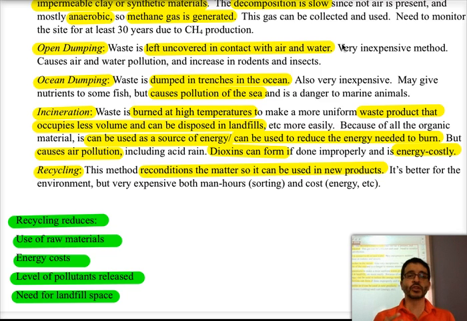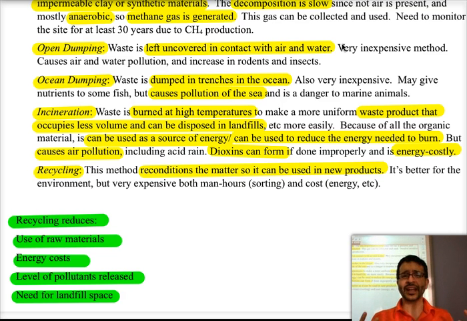In addition, because you're releasing a lot of carbon dioxide, this has greenhouse gas effect, and also increases acid rain, because some of the other materials that are there are going to be containing nitrogen or sulfur, and therefore you're going to increase the nitrogen oxides and sulfur oxides being released into the atmosphere.